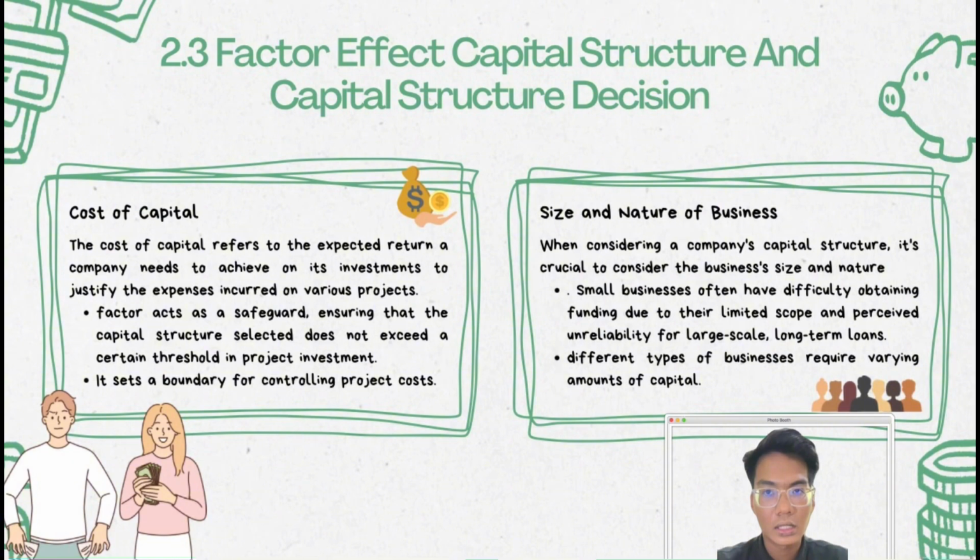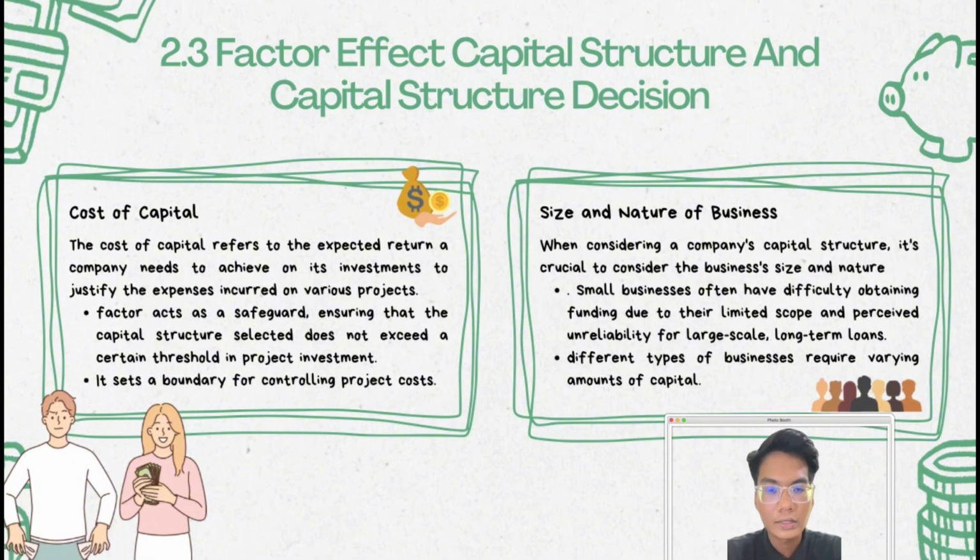These factors act as a safeguard, ensuring that the capital structure selected does not exceed a certain threshold in project investment. Essentially, it sets a boundary for controlling project costs.